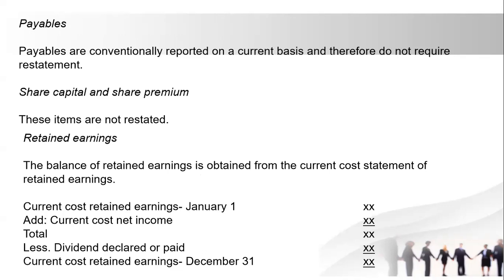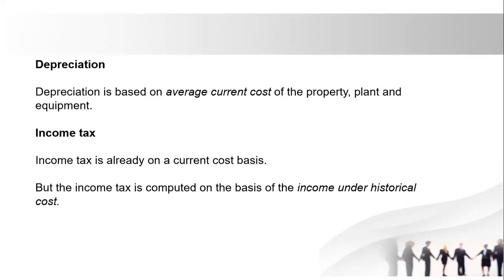Current cost retained earnings on January 1, then we add current cost net income, then we deduct dividends declared or paid, giving current cost retained earnings on December 31. Okay, so these are the very important items that we need to study.